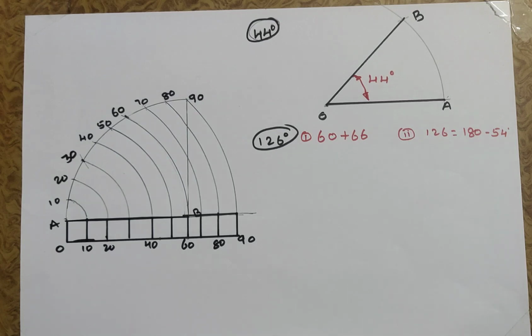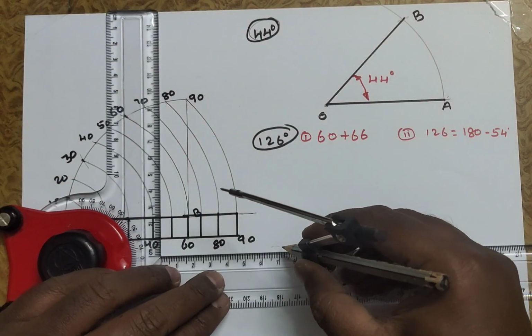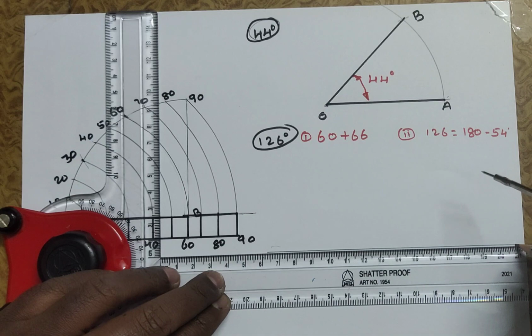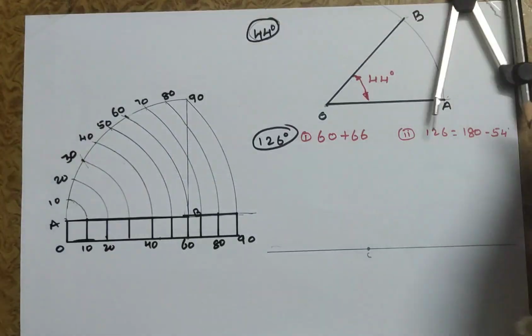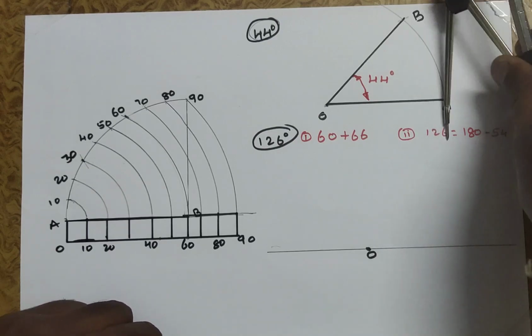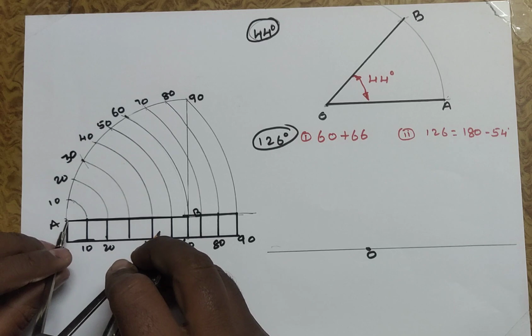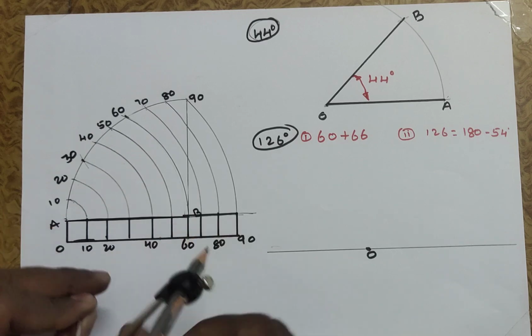Very simple. Here we have to draw an entire line. We draw one horizontal line like this. Assume some point, not the exact midpoint but somewhere here, as O. Now take A 60 as radius.